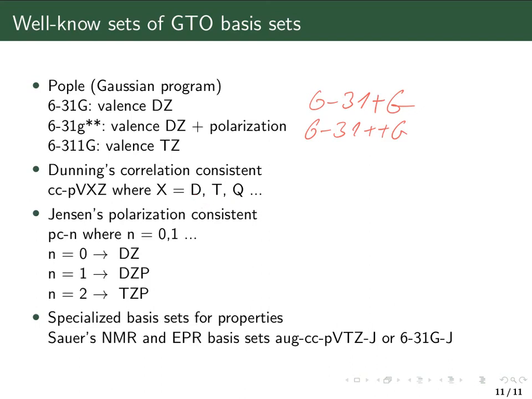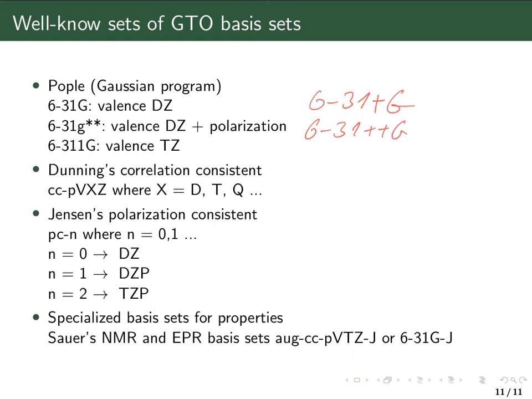So for the double zeta, the polarization functions would be D functions for carbon and P functions for hydrogen, whereas in the triple zeta, for carbon, nitrogen, oxygen, you would get 2 D functions and 1 F function, whereas for hydrogens you would get 2 P functions and 1 D function.